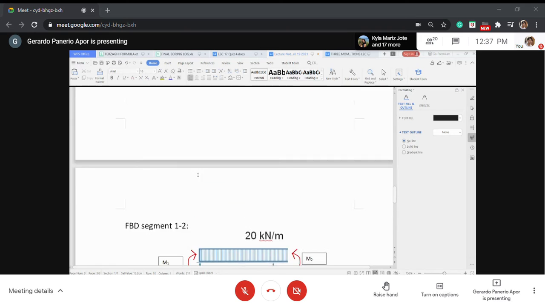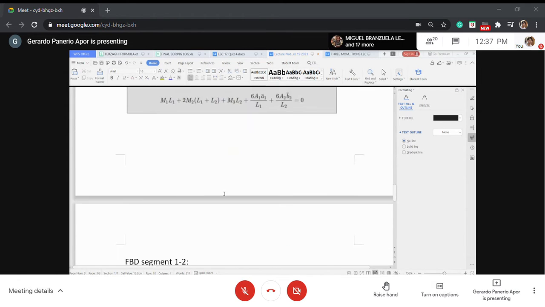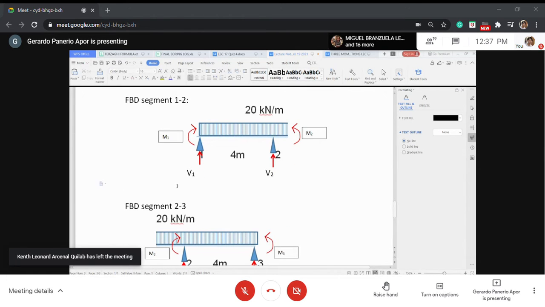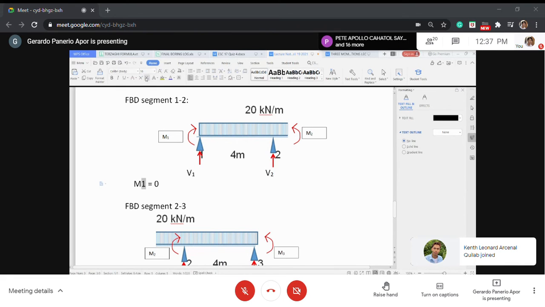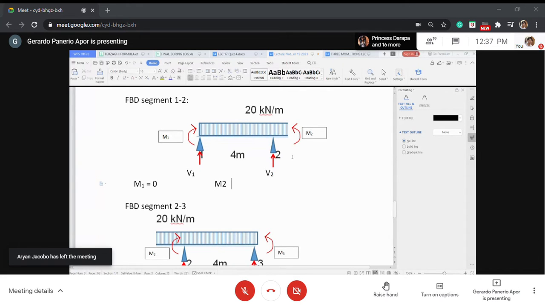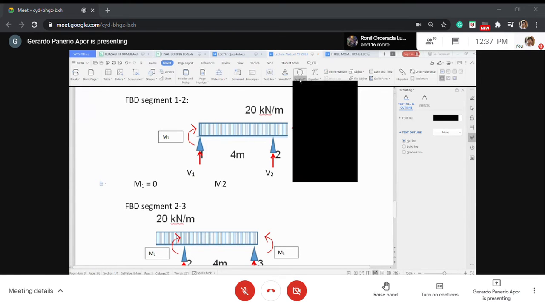So using the three-moment equation, we have this. So we know that from here, M1 is 0. Okay? Because it is a pin, no? So M1 is 0. But not M2. M2 is not equal to 0. Insert natin symbol not equal.